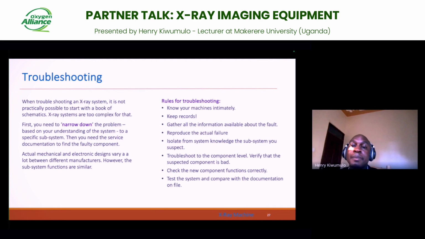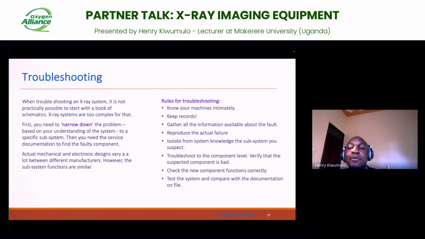When someone knows the machine very well, when someone keeps the records very well, when you can gather all information that's available about the machine, when you can reproduce the actual failure, because sometimes these failures come, but sometimes they clear with time and you can't know what happens. But if you can reproduce, that could also be a great troubleshooting way.